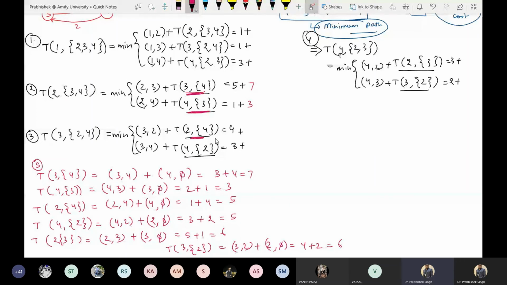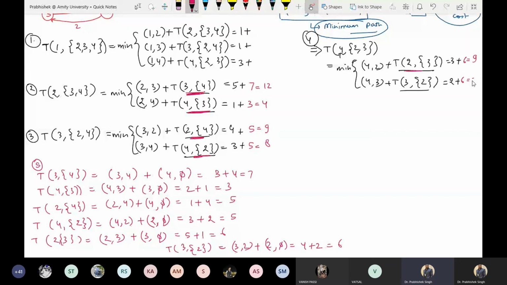We have also calculated it as 5. Okay. What is 2 to 3? We have calculated it as 6 and this is also 6. So now add up all these things. This is 7 plus 5 is 12. 4, 9, 8, 9, 8.